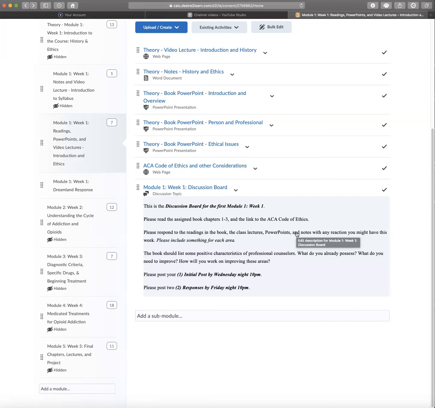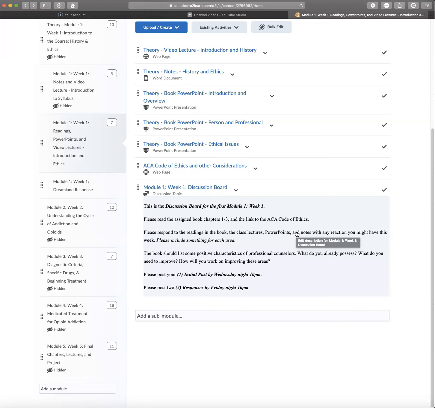So I'm not looking at a research paper, but we're not looking at just a brief paragraph either. Something that shows that you've interacted with all of the different readings, that you're applying it to the counseling field and reacting to it. And I'm interested in your thoughts and experiences and insights, so I want to hear from you.